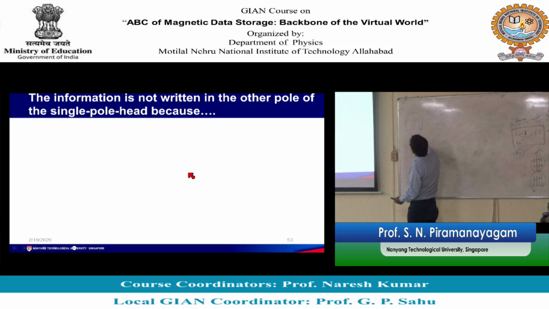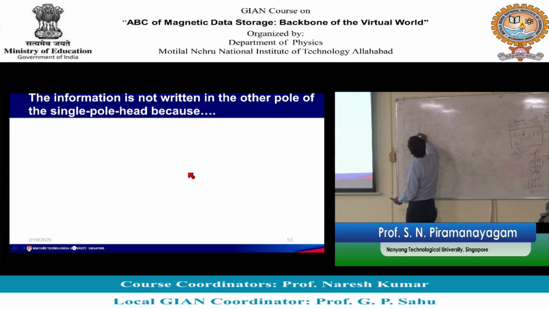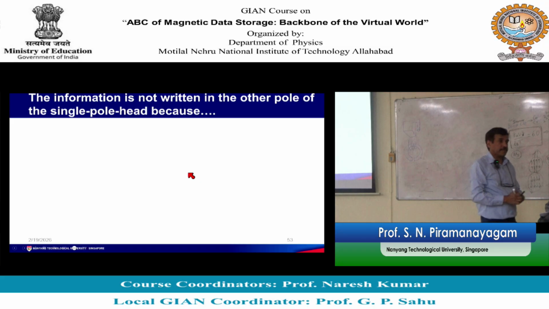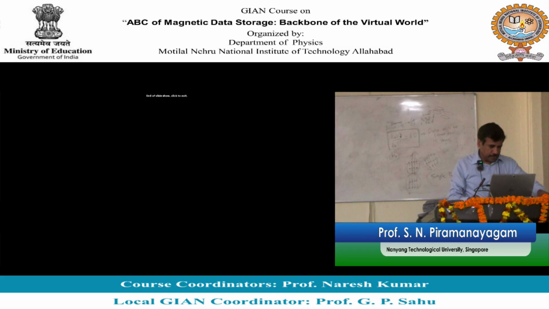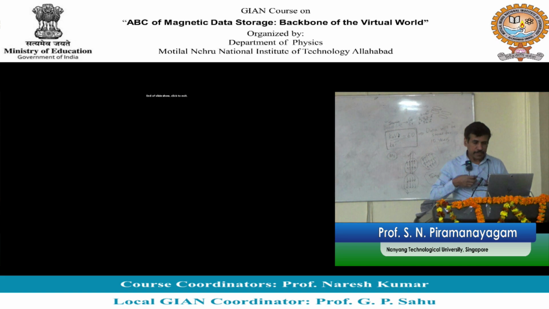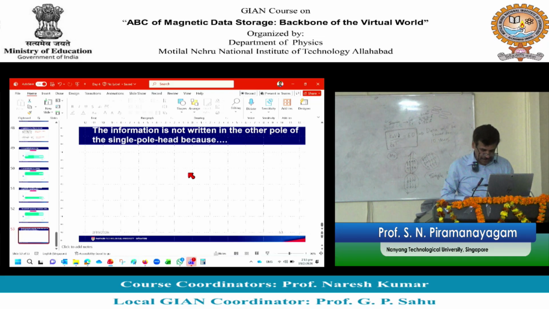Okay, so here the area is very large, so the flux density will be very low, field strength is low. Okay, so with this idea, now we move on to the next topic.